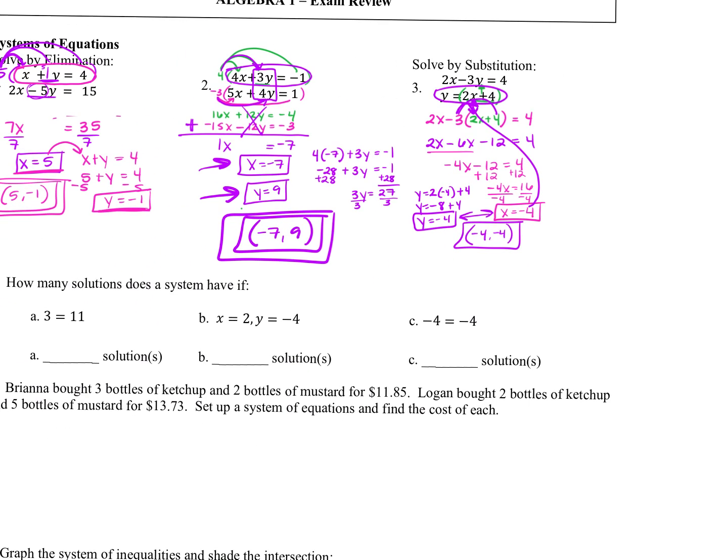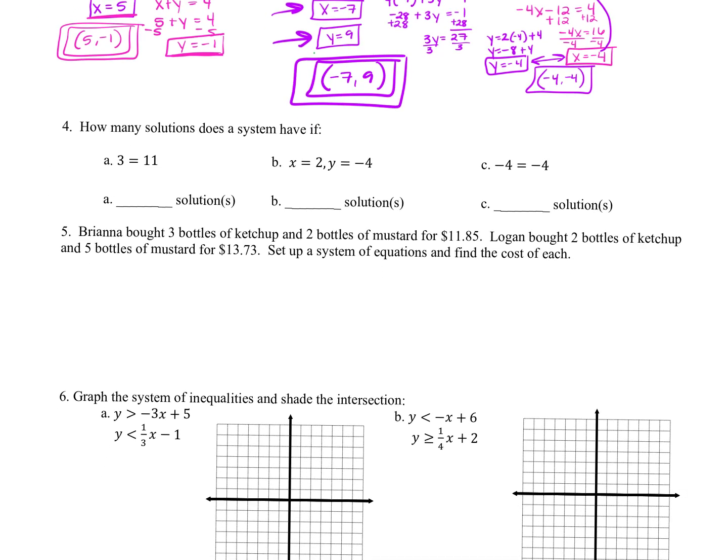Here's why I want you to understand this. I would write this on your note card. There's a question just like it. How many solutions does a system have? So if you get 3 equals 11, how many answers is that? None. No solution. There is no solution if you come up with 3 equals 11 as your final answer.